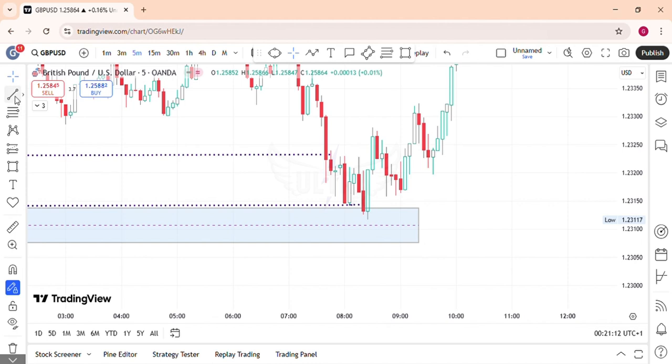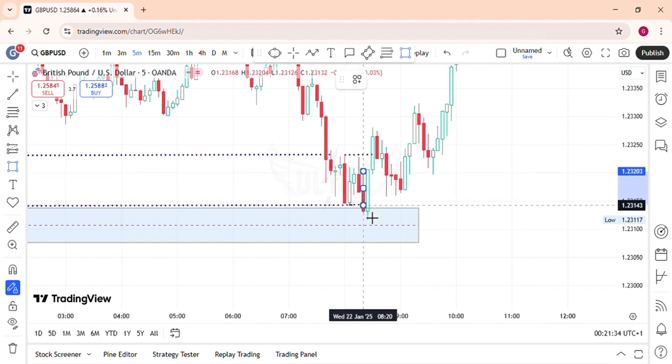It creates a break of market structure, which is our MSS also. Simple as that. So it creates a break of market structure and also a fair value gap. This fair value gap can be seen in the 3 minutes, but this is also a fair value gap here.